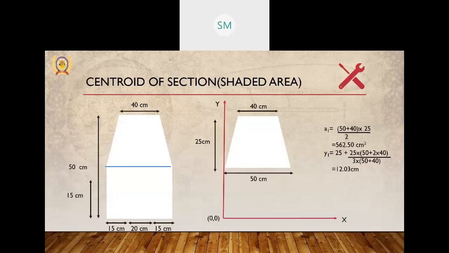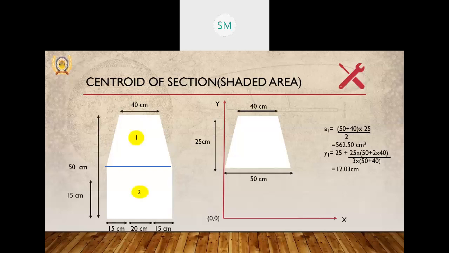First one is the top portion, looking like a trapezium with top width 40 centimeter and bottom width 50 centimeter, parallel sides, and 25 centimeter distance between the parallel sides. And second one is the rectangular part, the bottommost portion.